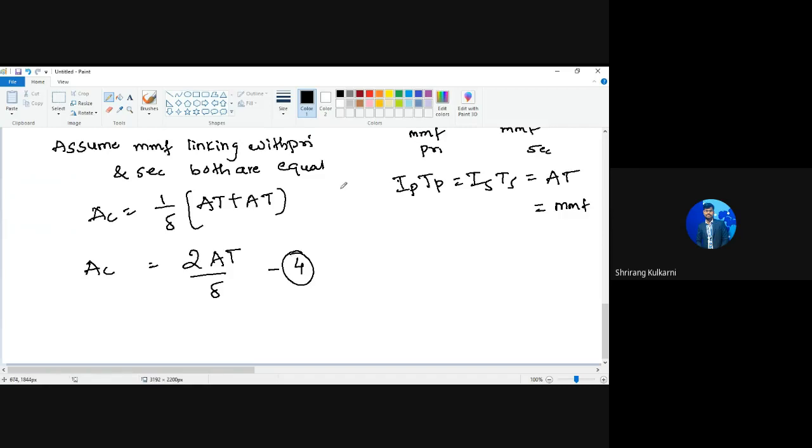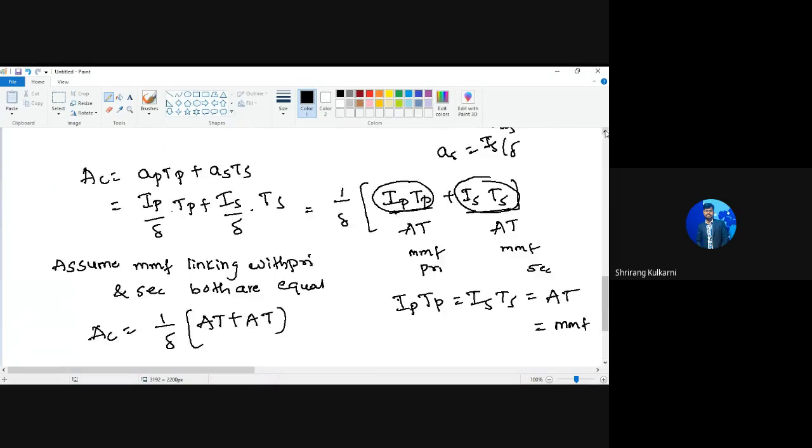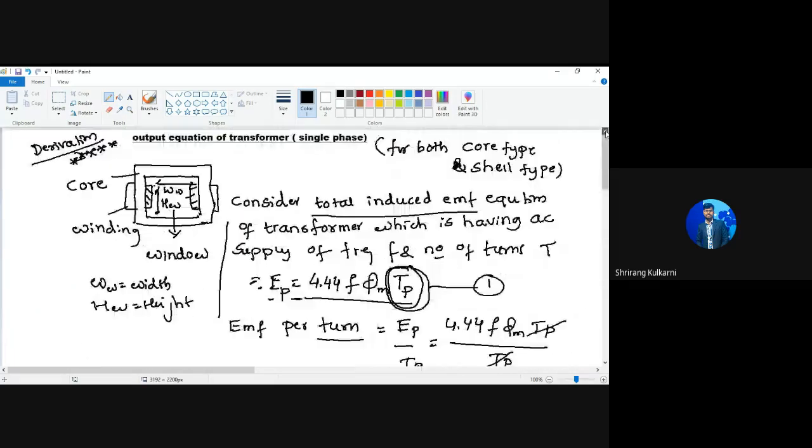Next thing is the window space factor. What is that? So till now, what all things have we studied? We took this core diagram, considered the induced EMF equation, and got this equation with respect to primary, and EMF per turn we have calculated.